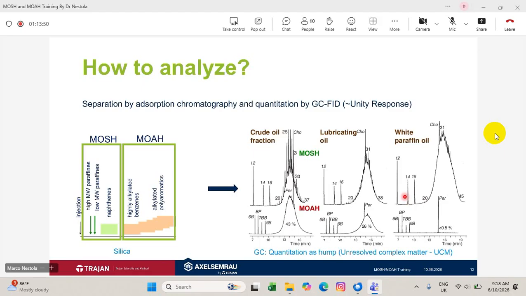I already talked about that, but do you know why it looks like that? It was, I think, on the 5th slide this morning, when I talked about how mineral oil is produced. What's the first step in mineral oil production? Distillation. Removing aromatics is the third step.